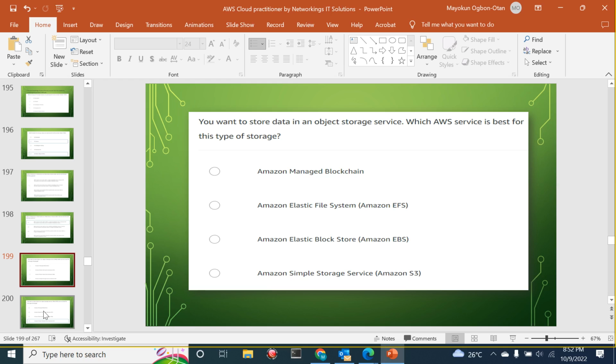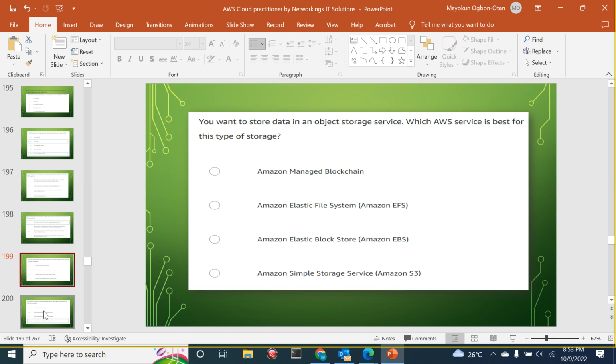I choose S3. Amazon S3, Amazon Simple Storage Service.